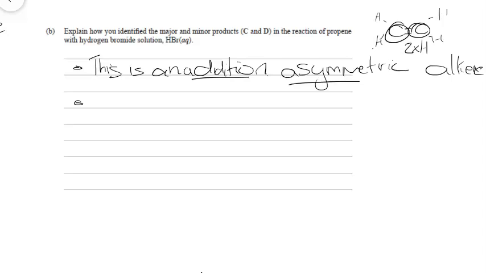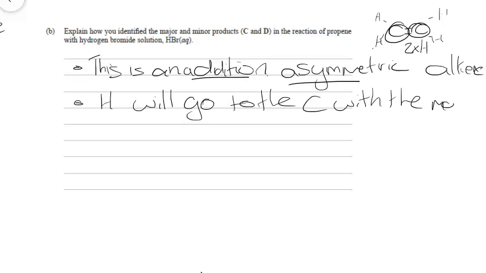And then we need to just describe the rich get richer rule as best we can, using explanation terms. So we're going to say that the hydrogen will go to the carbon with the most hydrogens already. In this case, it's the first carbon of the double bond. That will be the major.